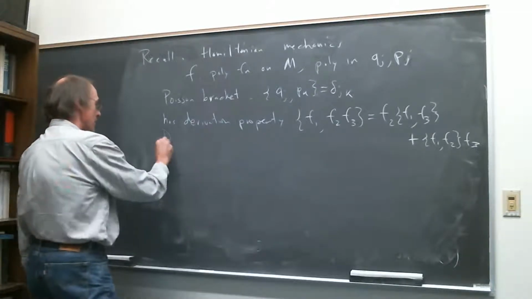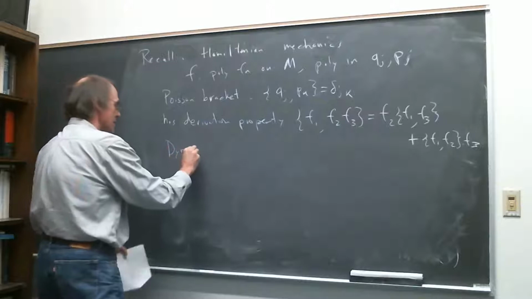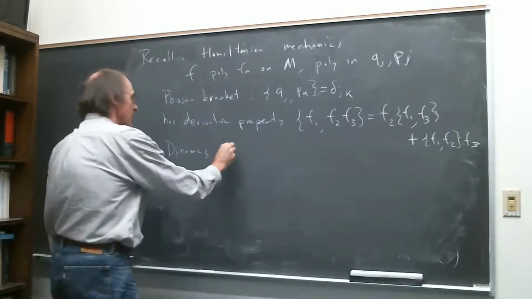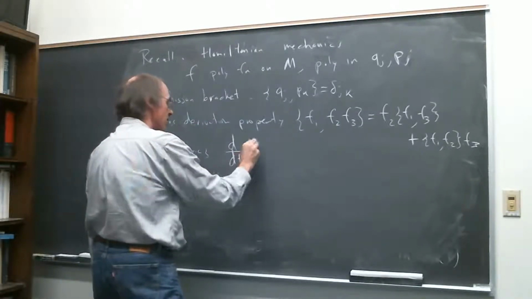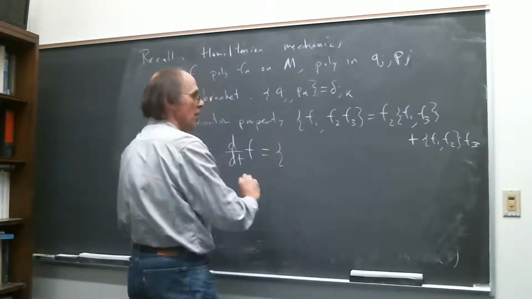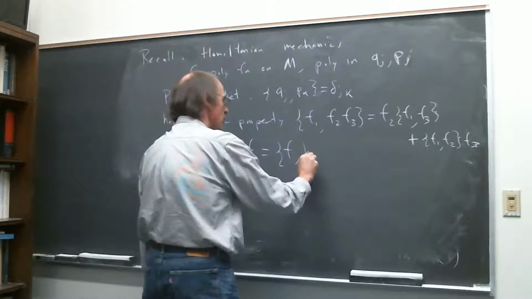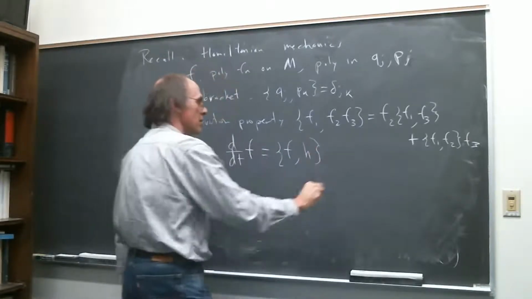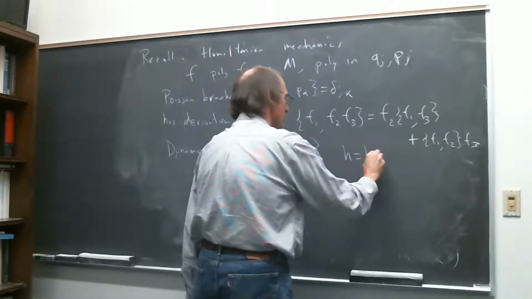Then dynamics, the way observables change in time, is given just by taking the Poisson bracket with some function H. So H is the Hamiltonian function.